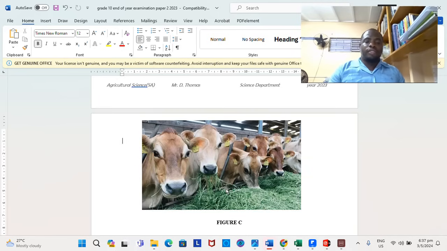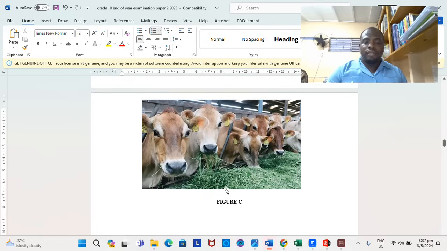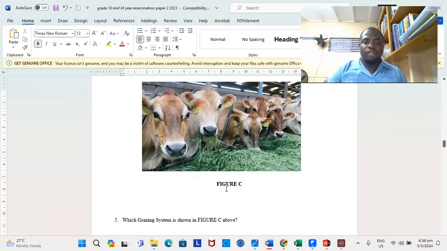This next question shows a figure C, and we see some cattle eating herbage. So they're consuming some grass. And it says which grazing system is shown in figure C above.